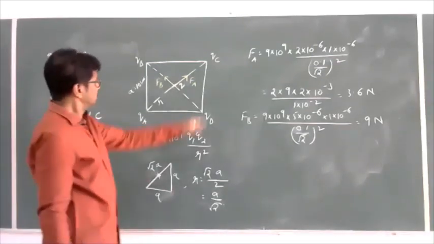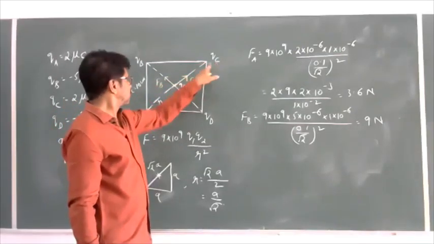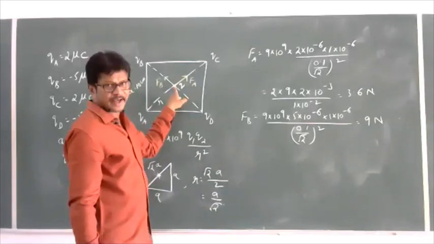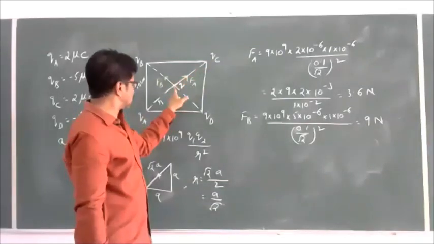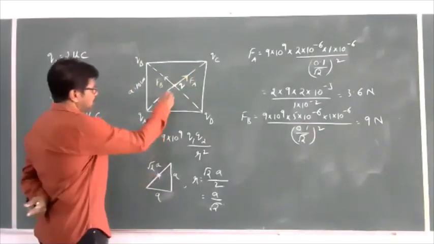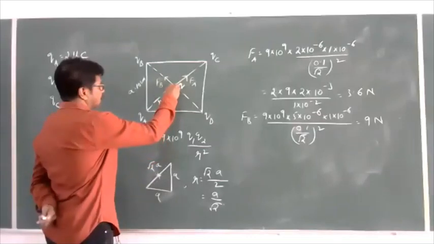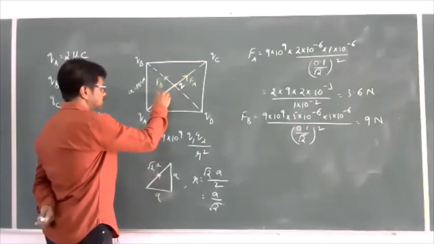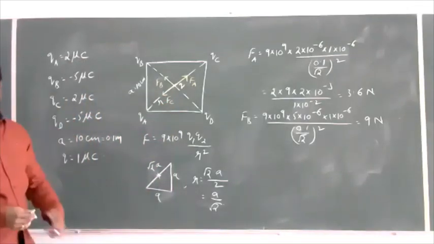Similarly, because of QC, one more force will act at the center. This is positive and this is positive, so obviously there will be a repulsive force, FC.